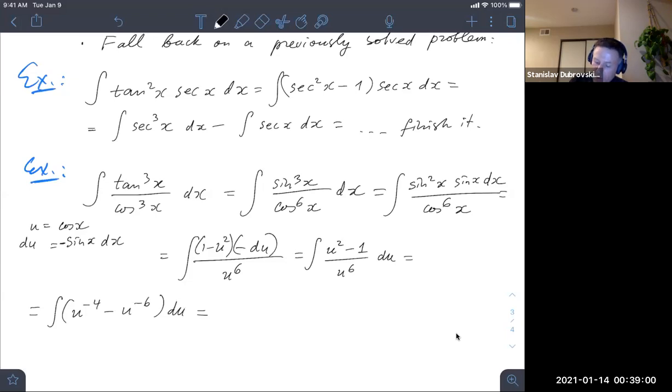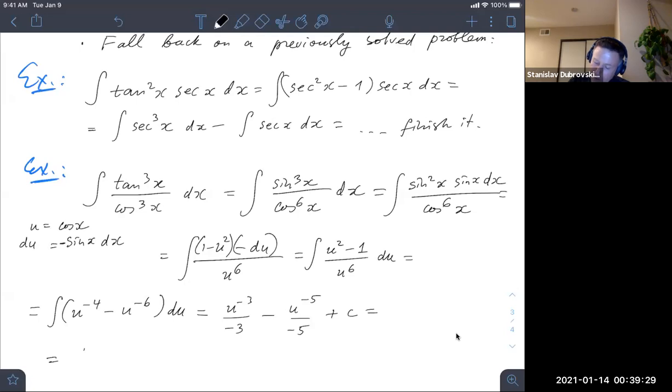So what do we get after we integrate? Let's finish the integration. We'll have u to the negative third divided by negative 3 minus u to the negative fifth divided by negative 5 plus c.